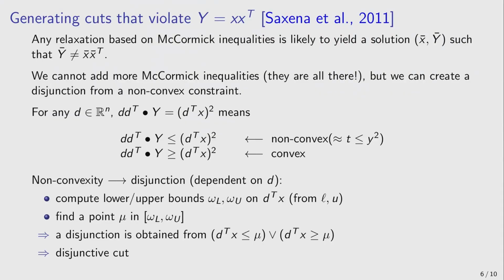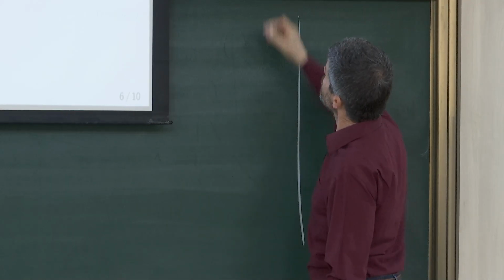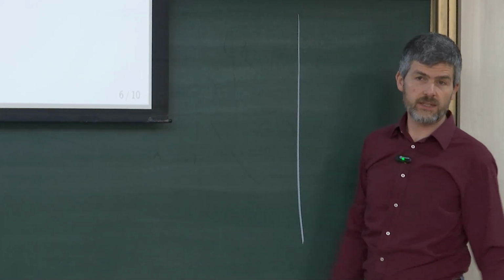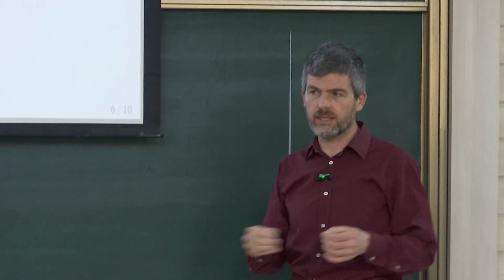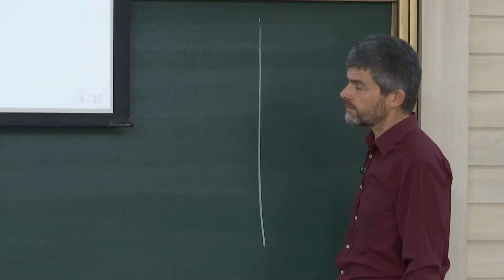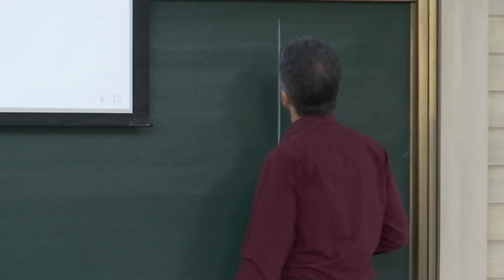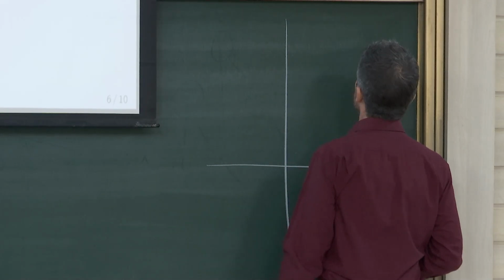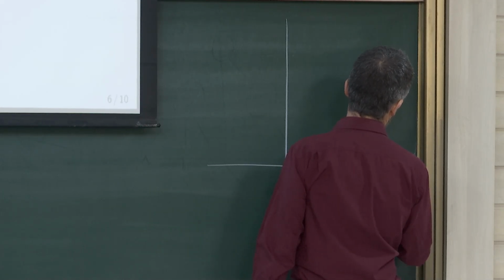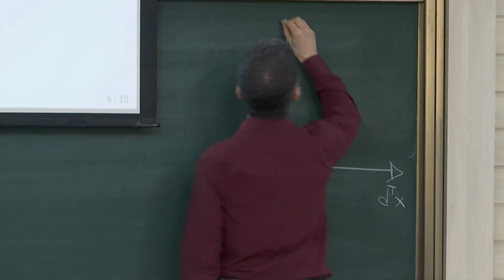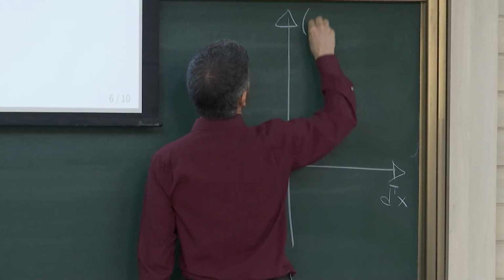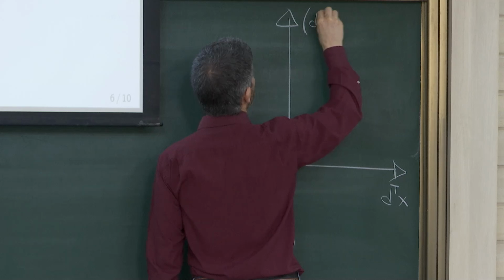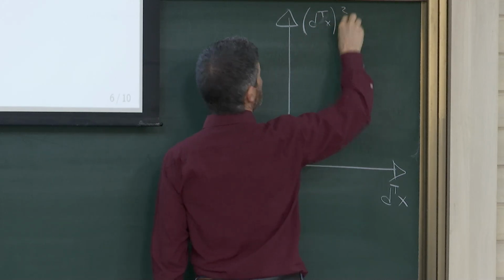Since the paper does it, we'll do it as well. This constraint, if you look at it, you take just the direction d transpose times x. So you take any vector d, it gives you a direction. And then you plot the function. This is d transpose x, and this is d transpose x squared.